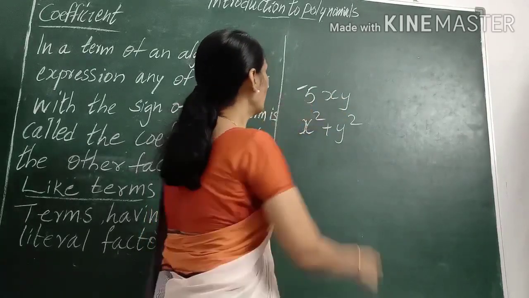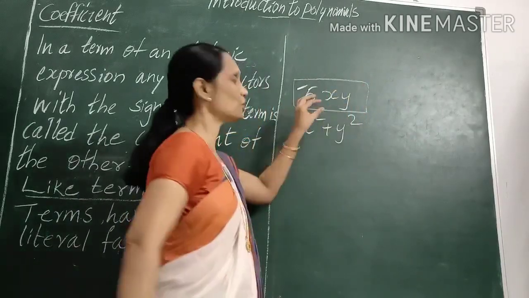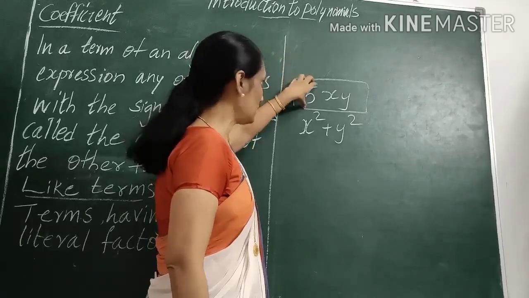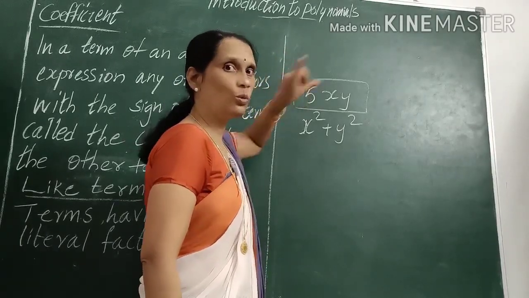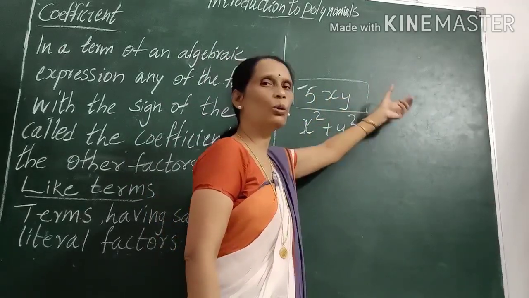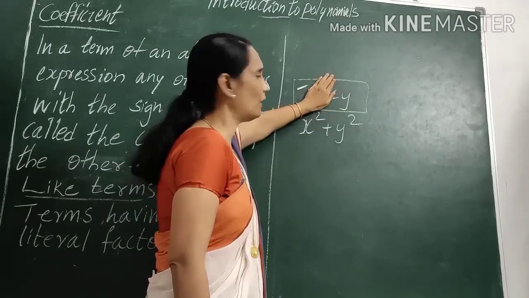So this is a term, right? In this expression there is only one term. So this is an algebraic expression with only one term, because there is no plus symbol or minus symbol along with it.